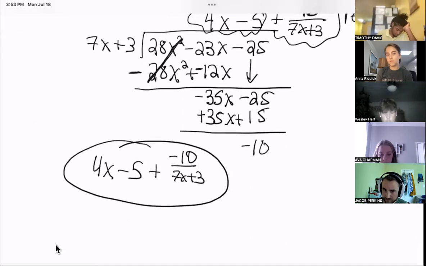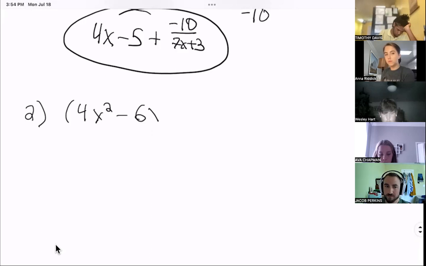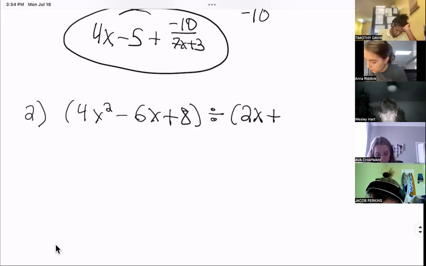Beautiful. Okay, let's do number 2. We want to divide 4x squared minus 6x plus 8 divided by 2x plus 7.